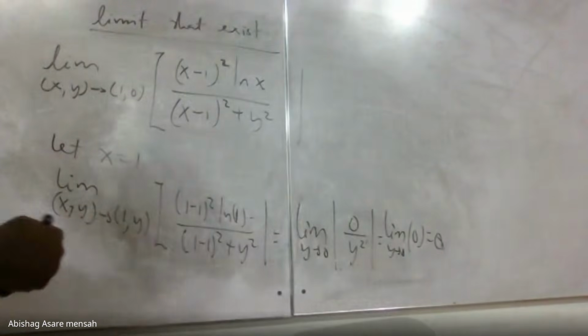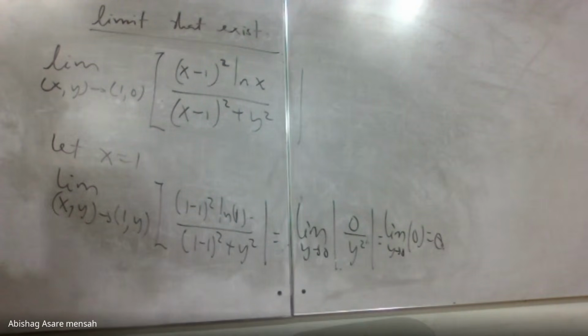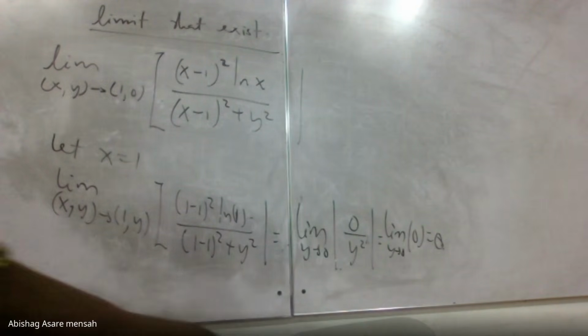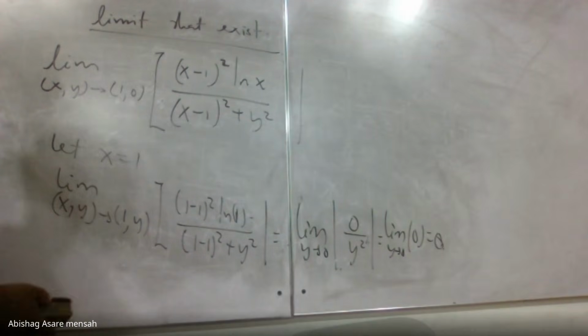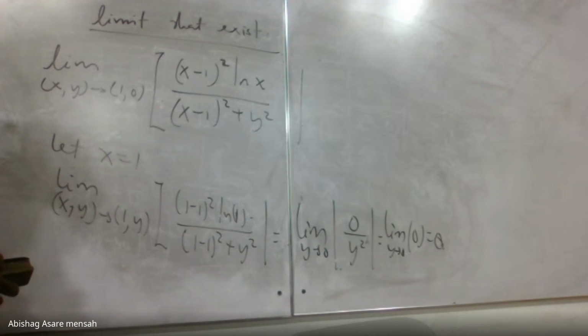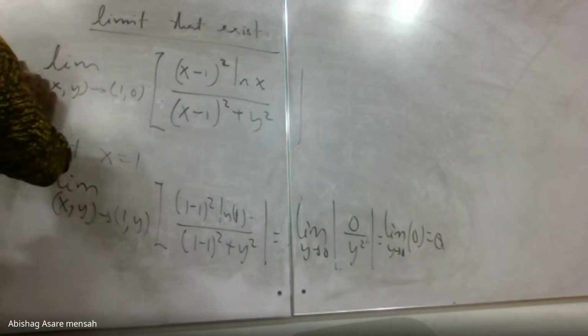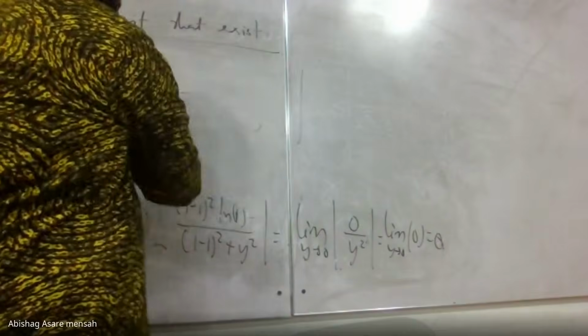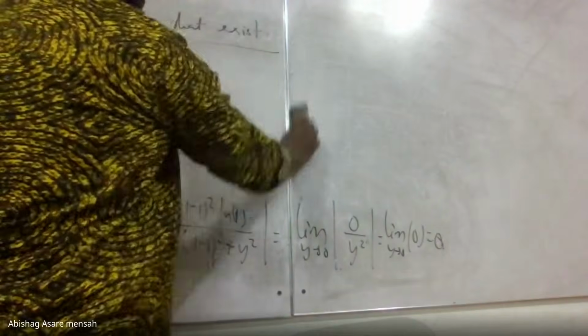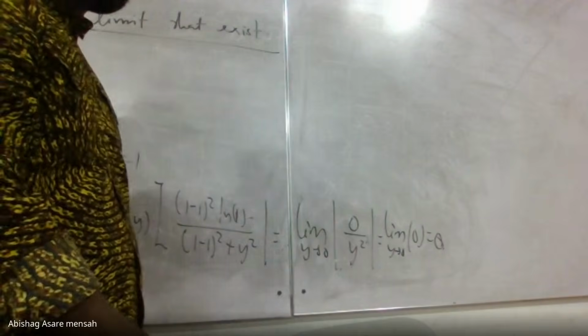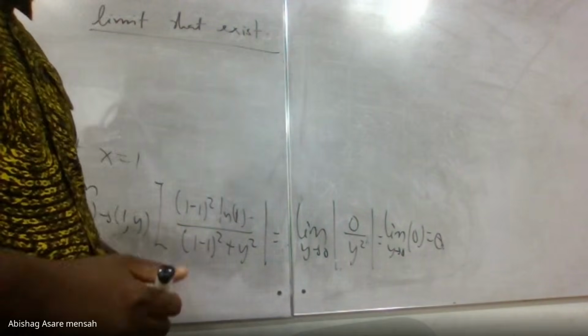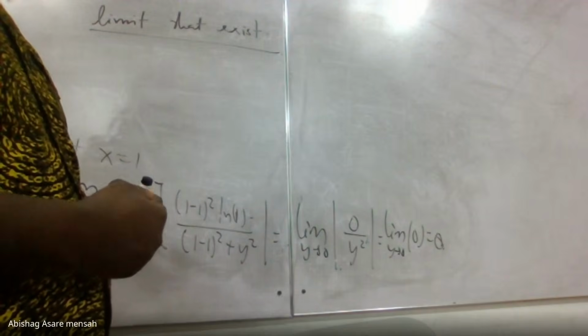The next one too. What's the next one? We set y equals to what? Yes, the next one is set y equals to 0.